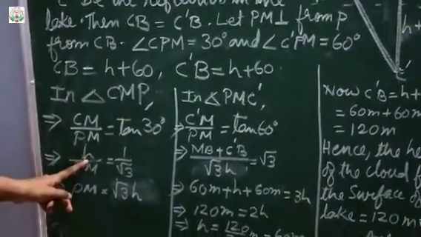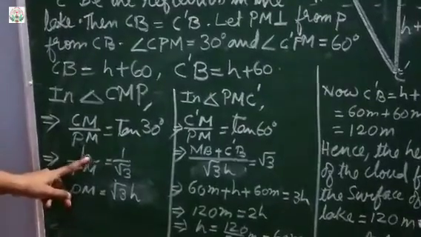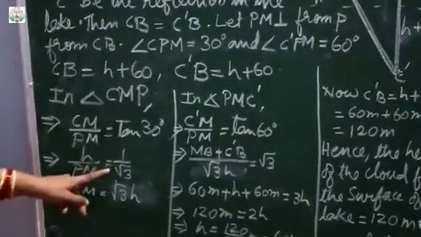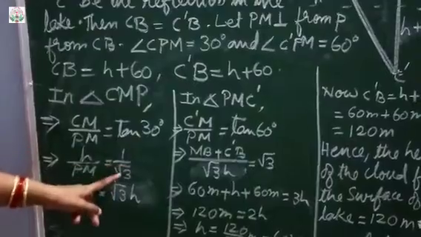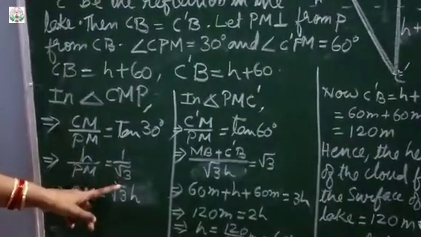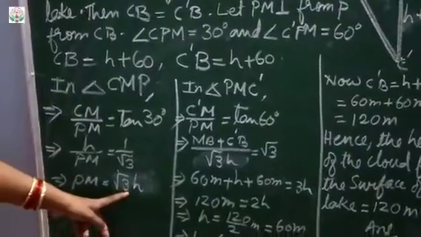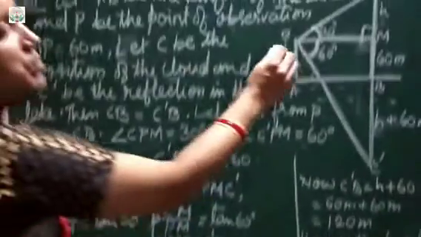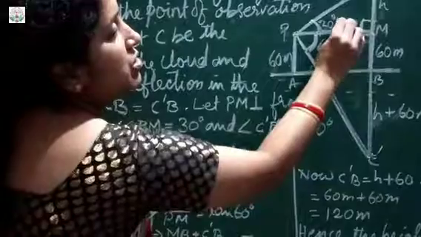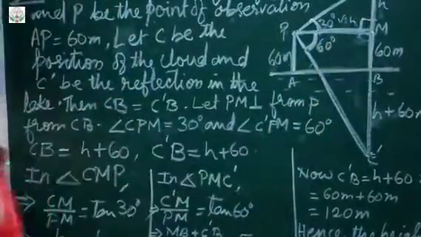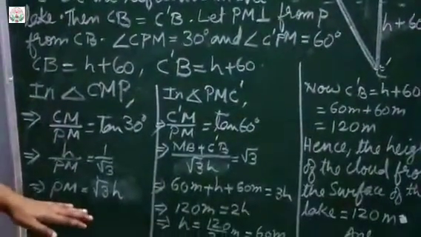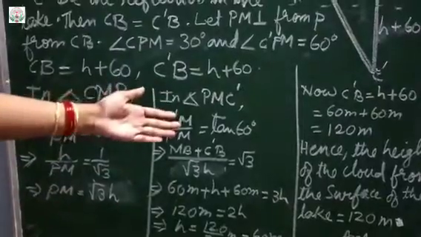That is h. So h upon PM equals tan 30, which is 1 upon root 3. Now cross multiply. So PM will be root 3 h. So this PM is root 3 h. From here, this PM we will use in the next part.